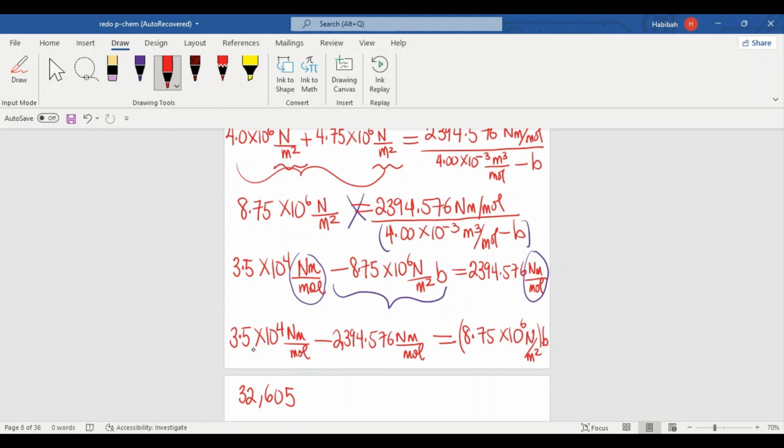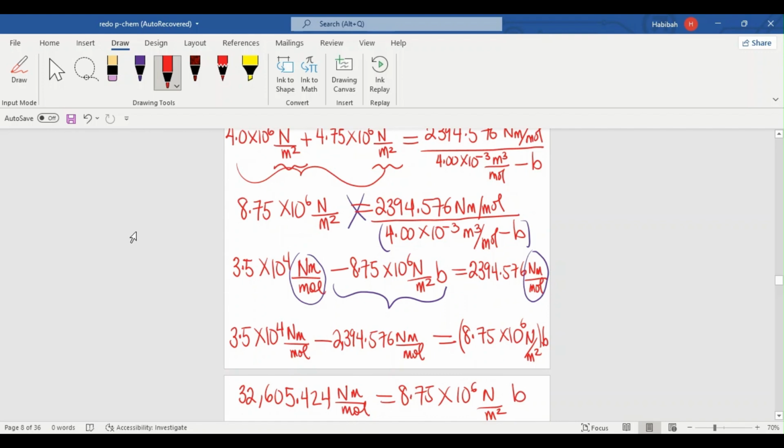So it's basically 35,000 minus 2,394.576. So you're just going to end up with 32,605.424 Newton meter per mole, equal to this information here, 8.75 times 10 to the power of 6 Newton per meter squared, B.